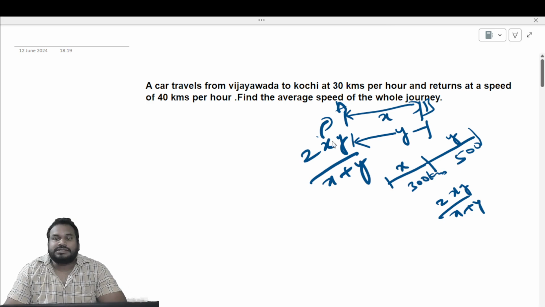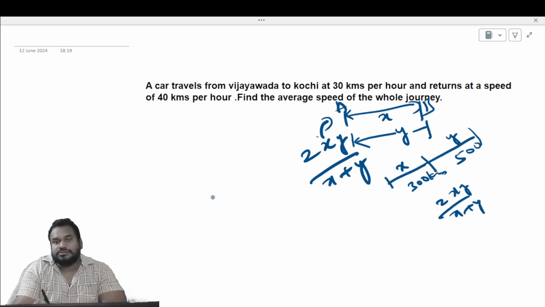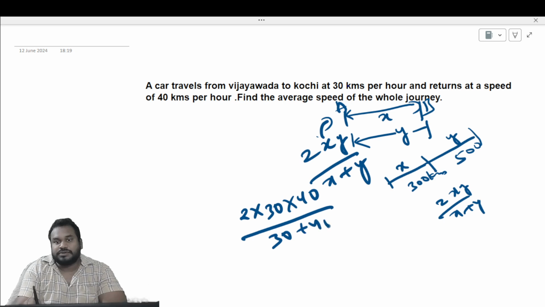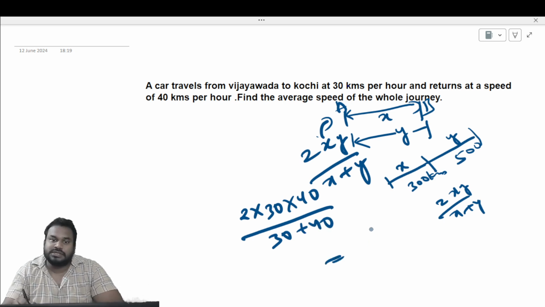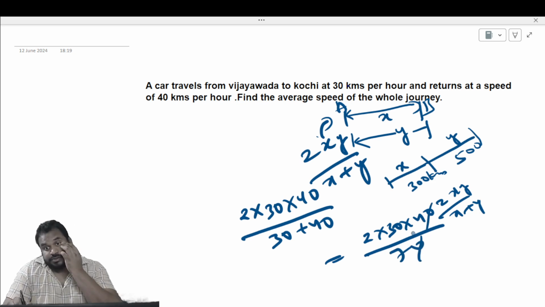So now in this case, I have proved also how to use this one. So here 2 into 30 into 40 divided by 30 plus 40. So this is nothing but, 2 into, don't cancel it right now because I'll simplify and do. So now it will be, you will get it in points.